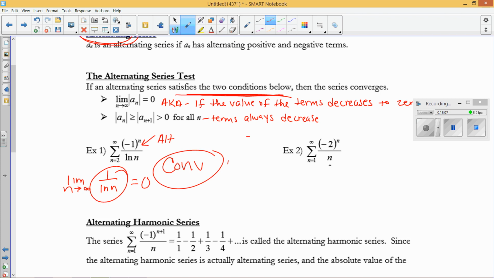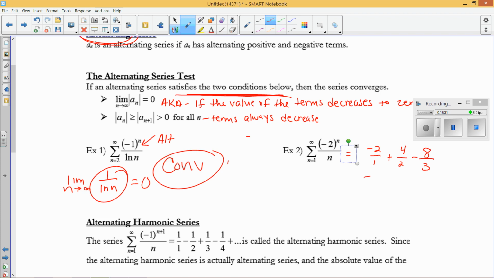Negative 2 to the n over n. All right, well, I'm not really convinced that this alternates, so I'm going to write out the terms. So if I write out the terms here, when n equals 1, this is going to be negative 2 over 1. When n equals 2, this is going to be a positive 4 over 2. When n equals 3, this is going to be, let's see, a negative 8 over 3.